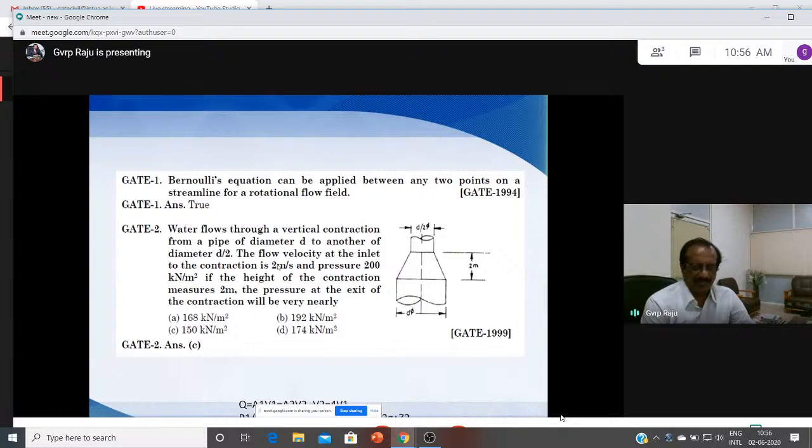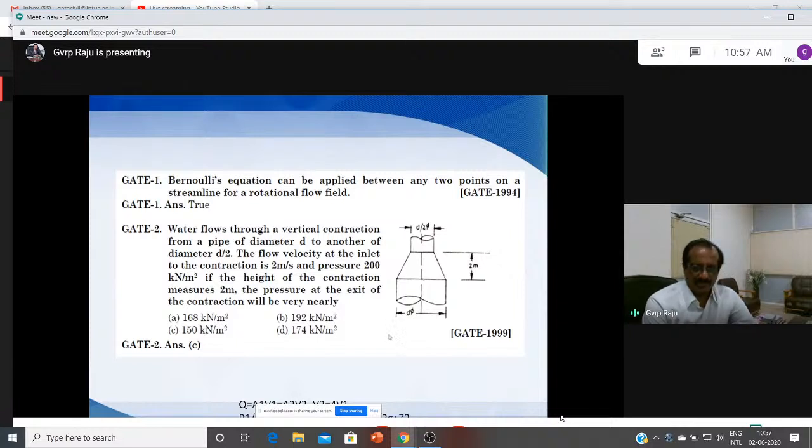So we have the values of V1, V2, Z1, Z2 and also P1. The only unknown is P2. P1 by W: P1 is 200 kilonewton per meter square, and W is 9.81 kilonewton per meter cube.